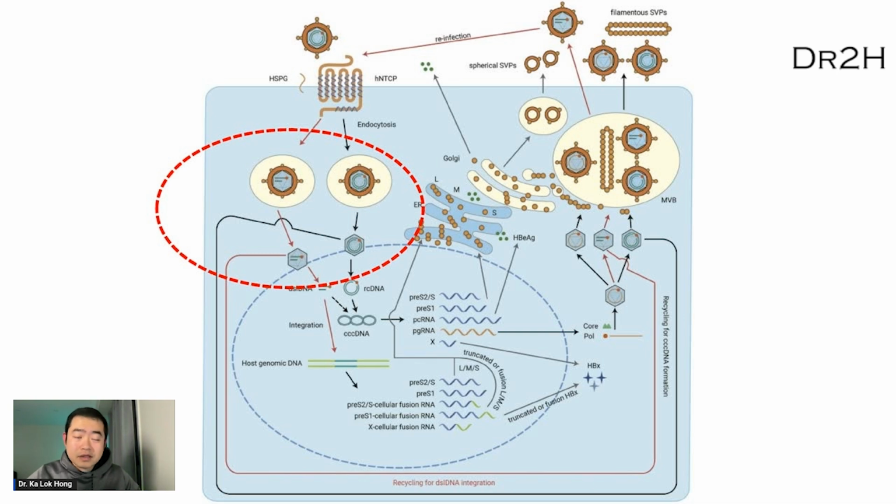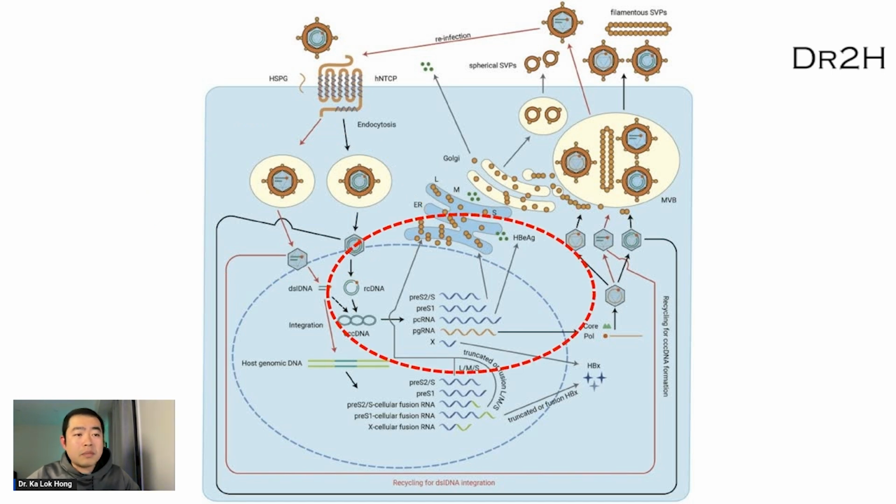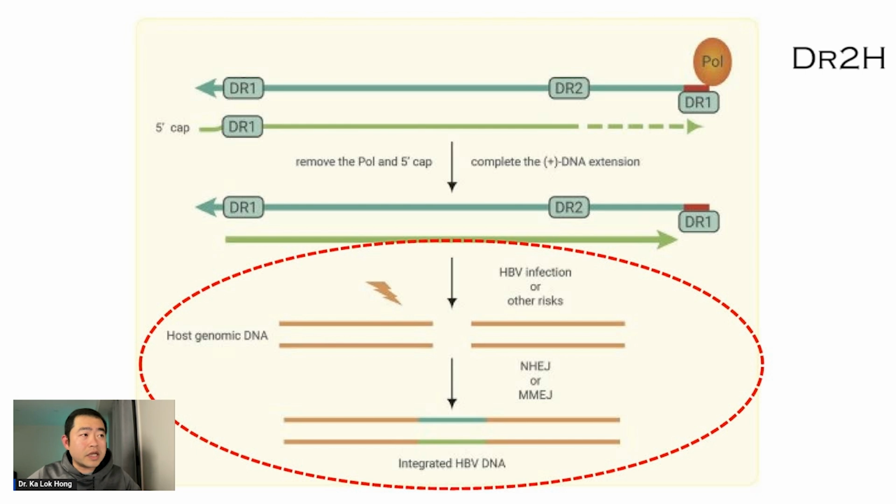Altogether, this subsequently forms viral proteins. But on some occasions, about 10% of the pgRNA can be reverse transcribed back into linear double-stranded DNA and move back into the nucleus.